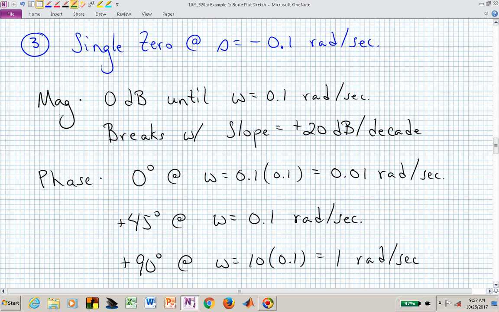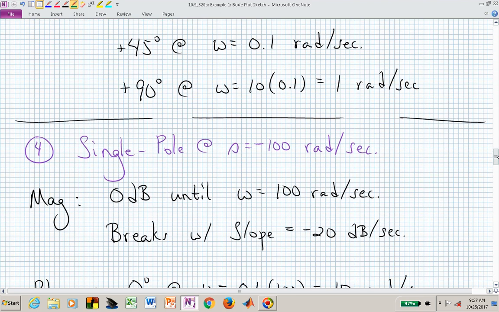A decade before that break, we'll approximate everything below as 0 degrees. A decade above the break and beyond, we'll approximate everything as 90 degrees. We're upstairs, so it's plus 90 degrees, and we just connect those two points that are 2 decades apart. From 0.01 to 1, we draw a straight line in the phase to connect 0 degrees at 0.01 to 90 degrees at 1 radian, which is a factor of 10 beyond 0.1.